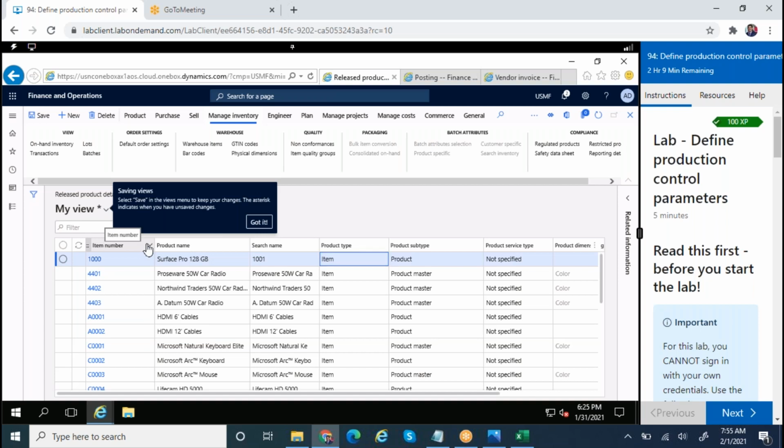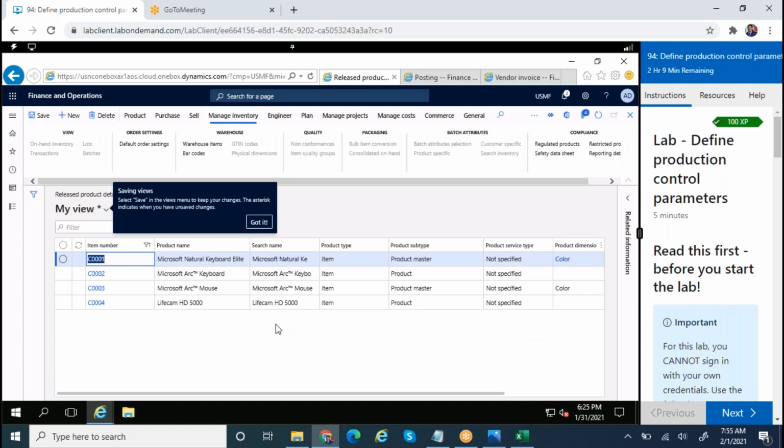Let me filter by C001. For this item, on hand inventory is disabled. Normal item also, on hand inventory is disabled. Why was on hand inventory disabled?